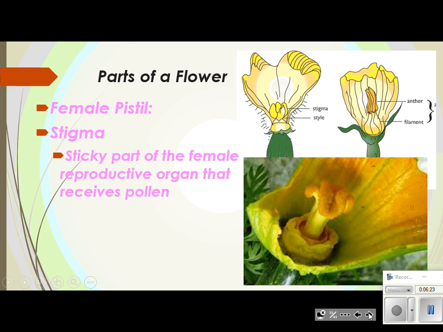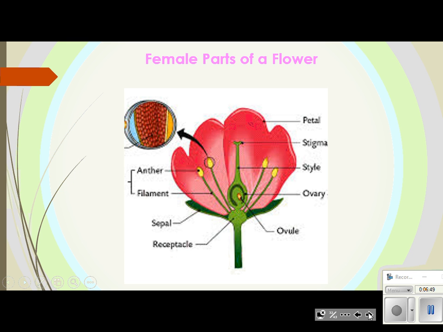The first of which is the stigma. The stigma is the sticky part of the female reproductive organ that receives the pollen. Once again, the sticky part of the female organ that receives the pollen. So if I look back here, right here is the stigma.